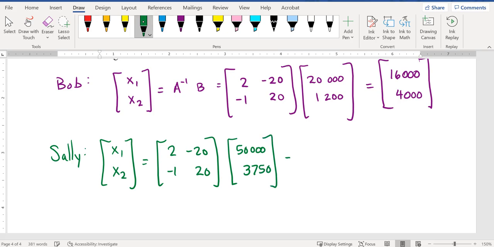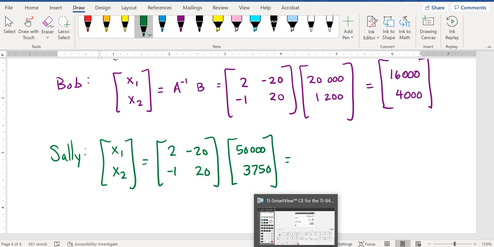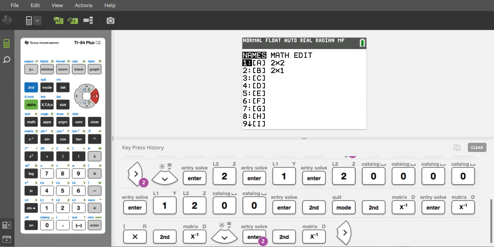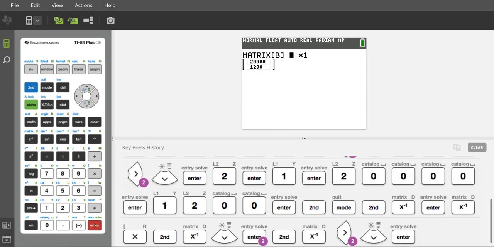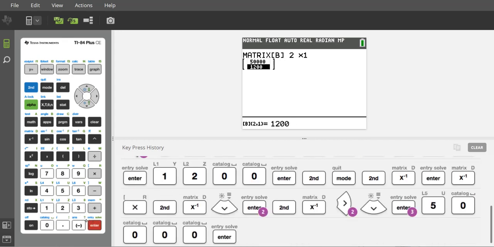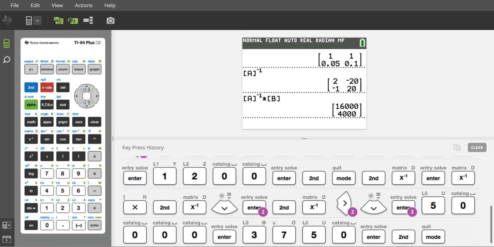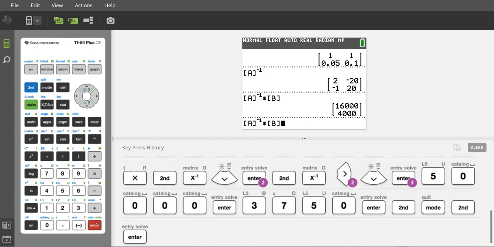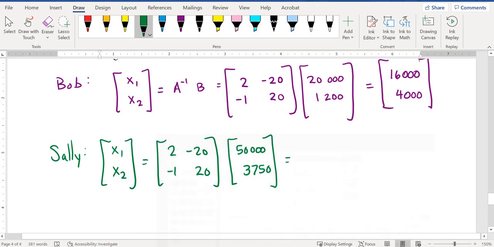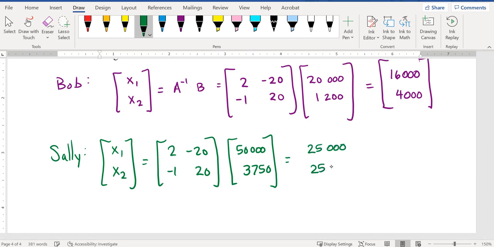So how much does she invest in A and how much in B? All we need to do is edit matrix B and put in 50,000 and 3,750. I've already got A inverse B up there, so I'm just going to hit second enter and then enter. So she needs to put 25,000 in each of the investments: 25,000 in investment A, 25,000 in investment B.